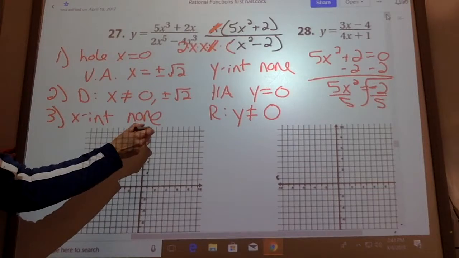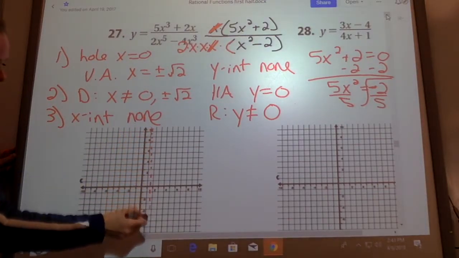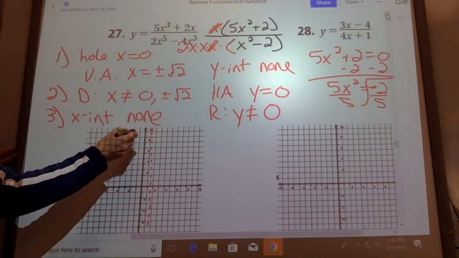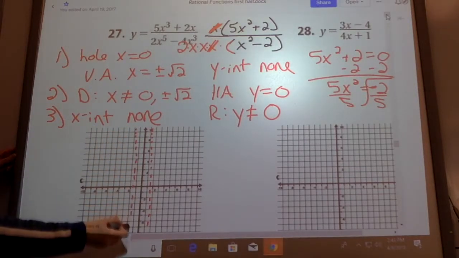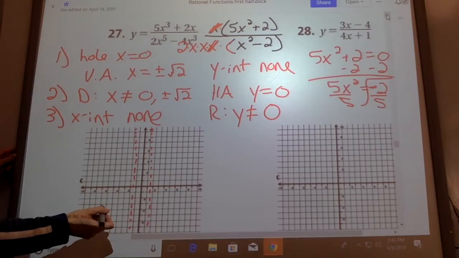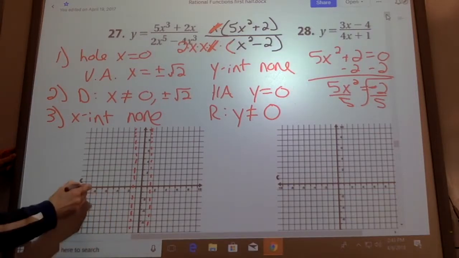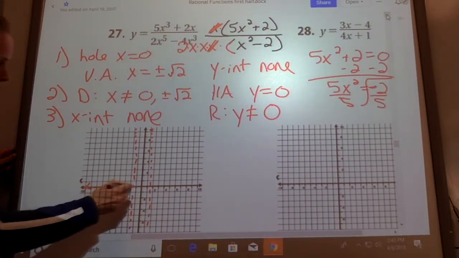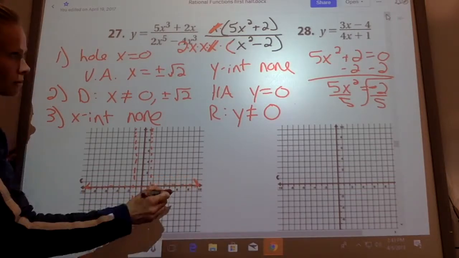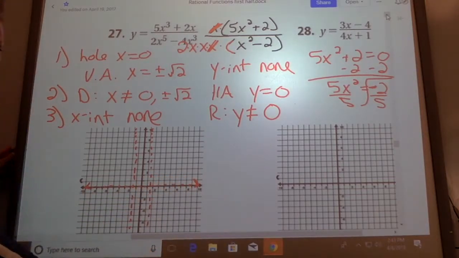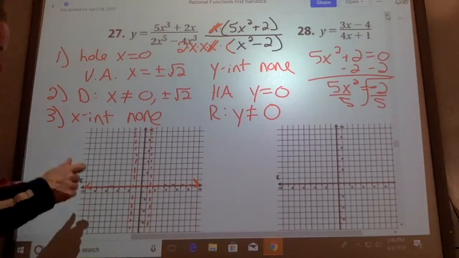You can put in your vertical asymptotes. We had those before, about 1.4, and a hole at 0. Horizontal asymptote, no intercepts, and graph it.